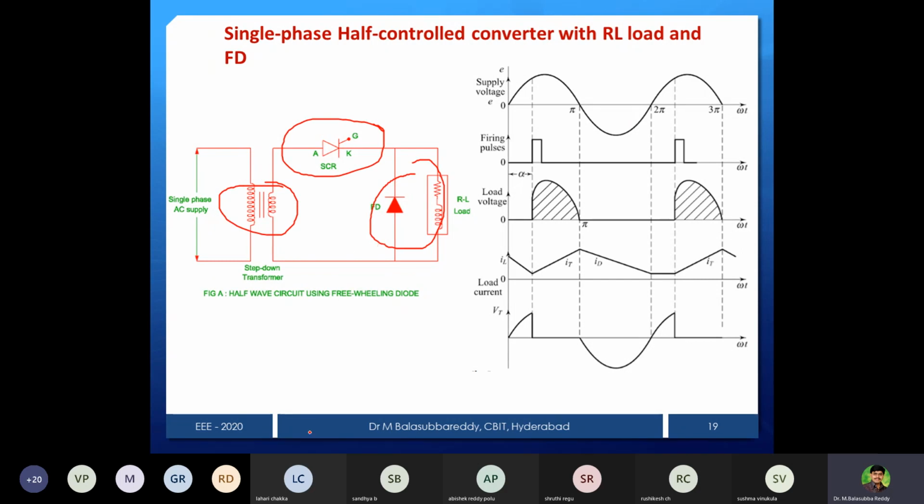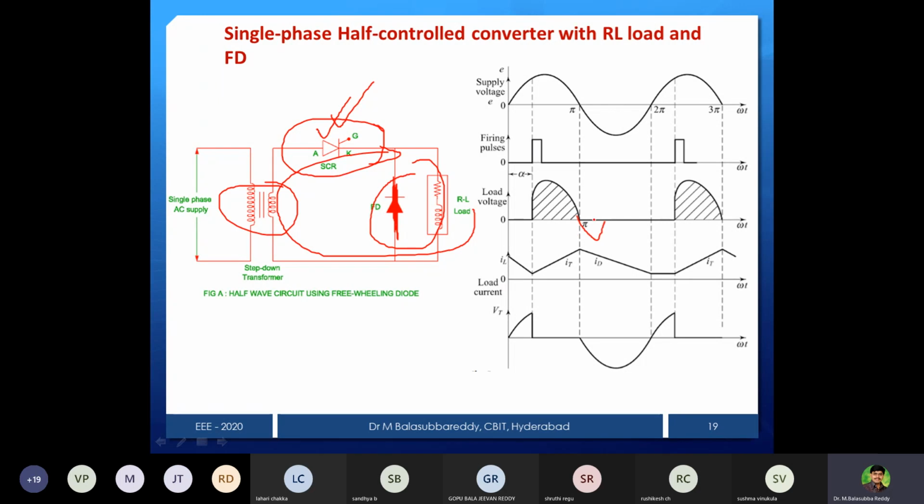Earlier, if the freewheeling diode is not there, so what will happen? You can see that there is a conduction. If this freewheeling diode is conducting, then the output voltage will be 0 because of the short circuit across the load. But if the freewheeling diode is not there, this energy passes through the thyristor. That's why the thyristor is conducting and you are getting negative voltage.